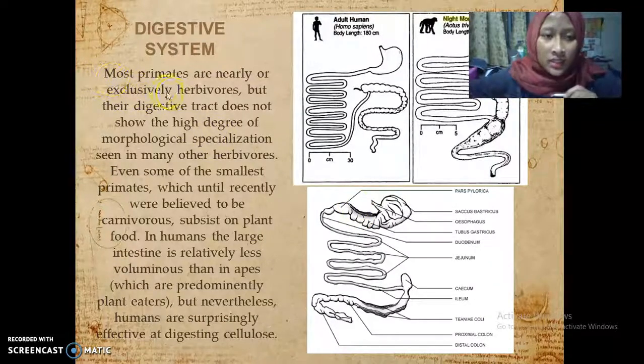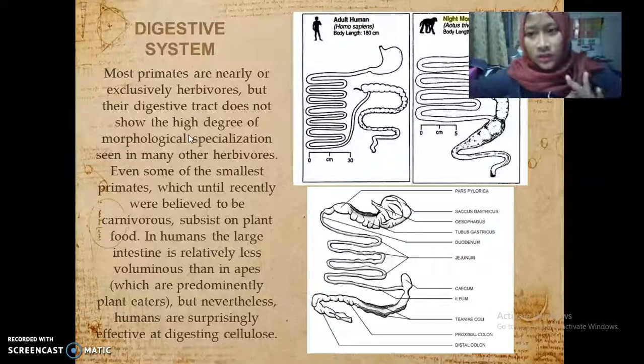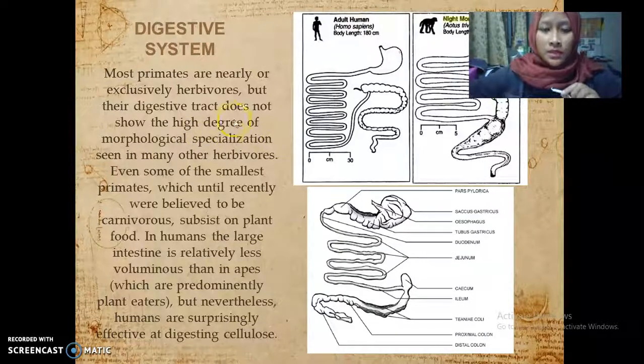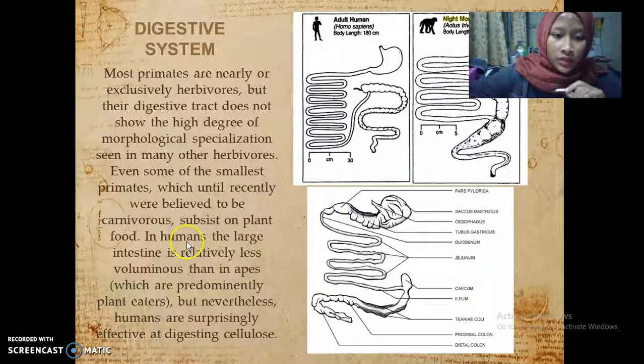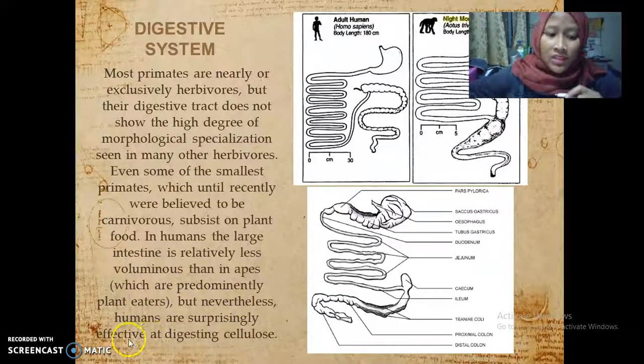We said that primates are not exclusively herbivores, but their digestive tract does not show a high degree of morphological specialization, so in all mammals we do have the same digestive system. Also in humans, the large intestine is relatively less voluminous than in apes, but nevertheless humans are surprisingly effective at digesting cellulose.